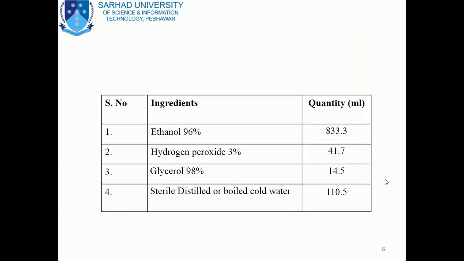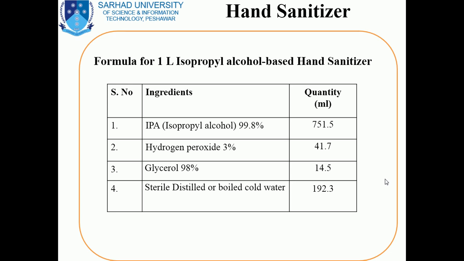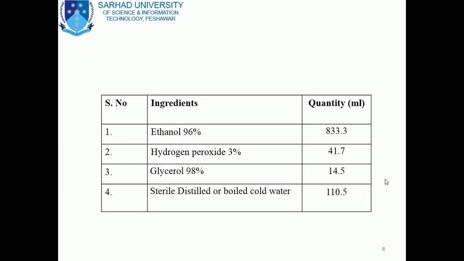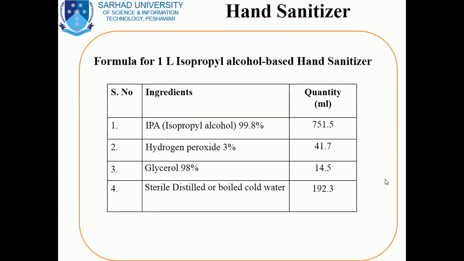In the second formula, hydrogen peroxide is 41.7 as in the first formula, and glycerol is 14.5 in the second formulation, that is ethanol based. These two chemicals or ingredients are similar quantity. The difference is there, IPA.